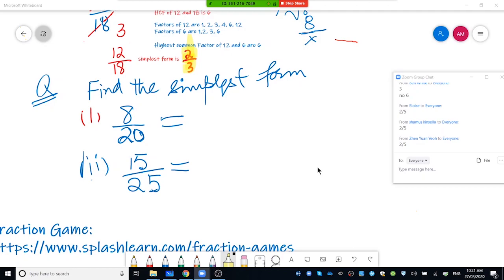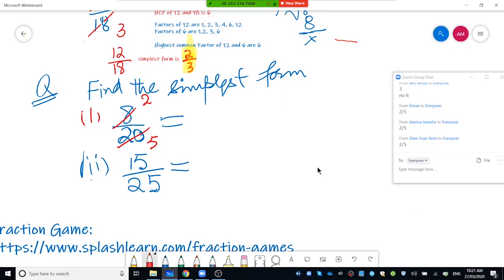I just take a different color and we try to do it. We see the highest common factor of 8 and 20 is 4. If you divide, it would be 4 times 2 and 4 times 5 is 20.